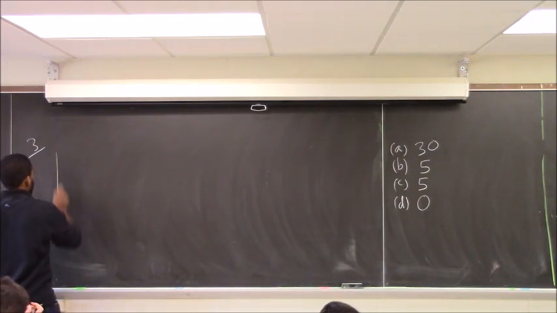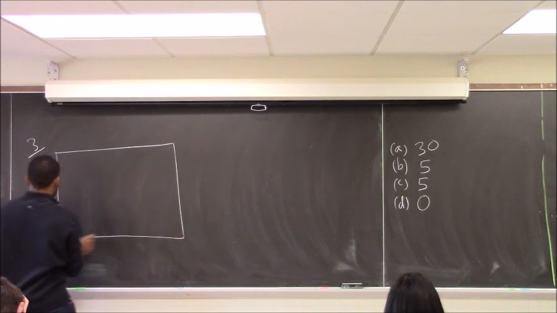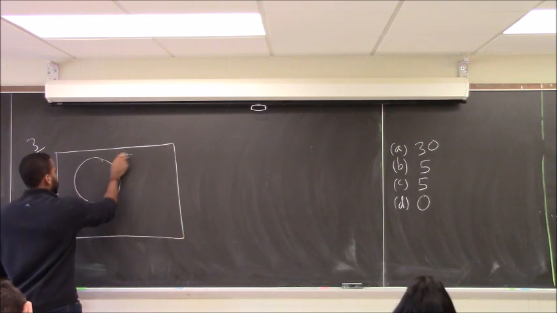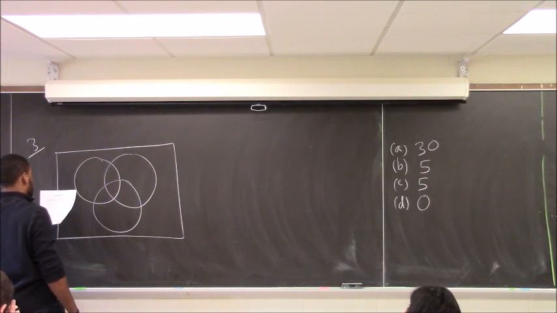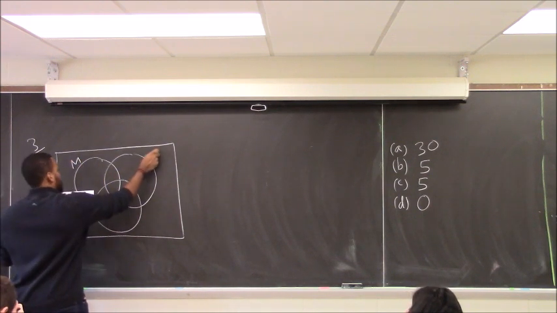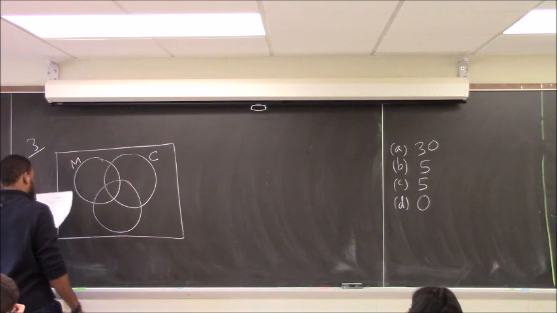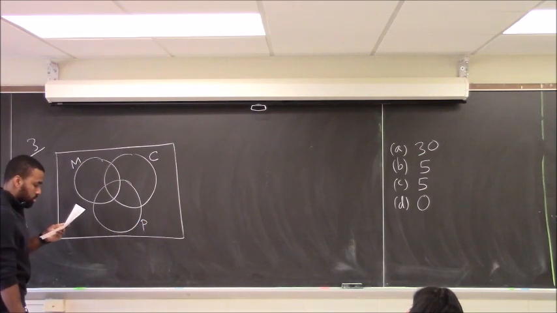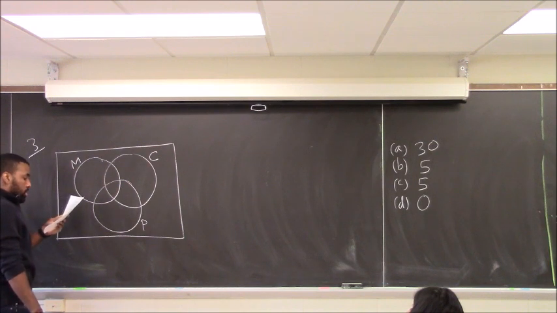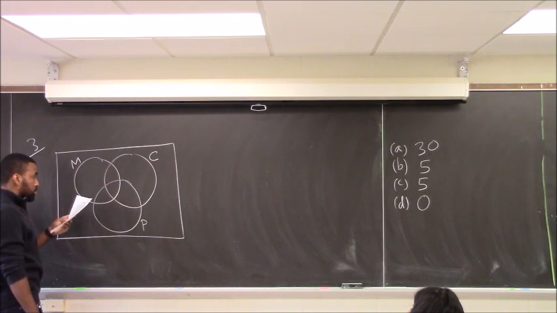Okay, so let's just jump into this. I'm going to label these on the fly. So now we're looking at math, chemistry, and physics. Okay, what do we fill in first?